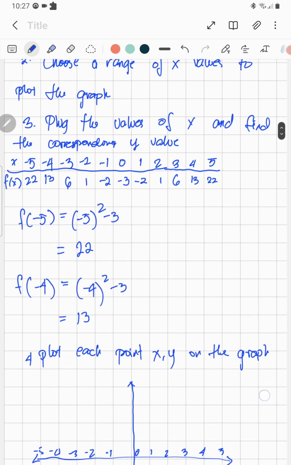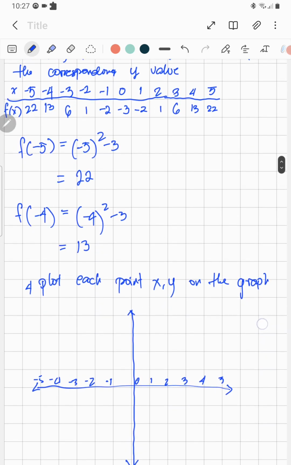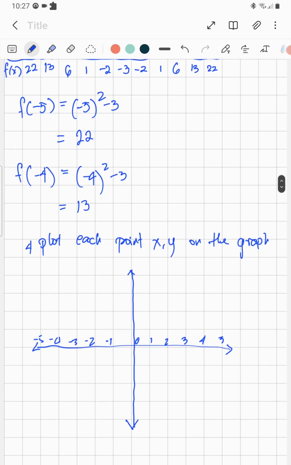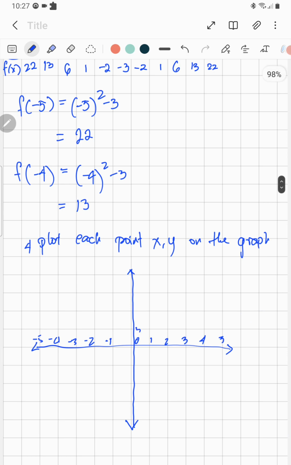Yun yung x natin. While on our y, aabot kasi siya ng 22. That is why we are going to need to expand it more. For example, 5, 10, 15, 20, and negative 5, negative 10, negative 15, negative 20. Okay?